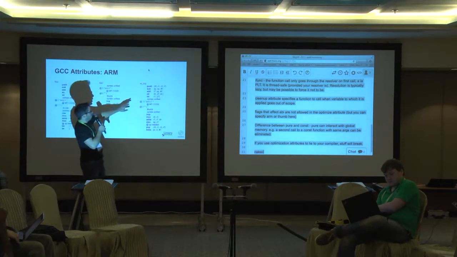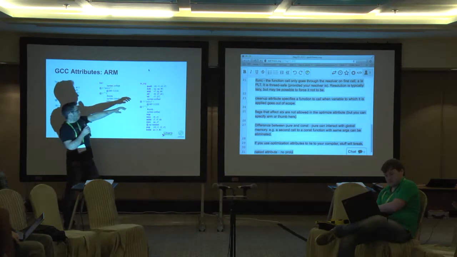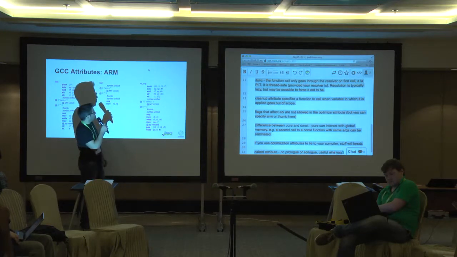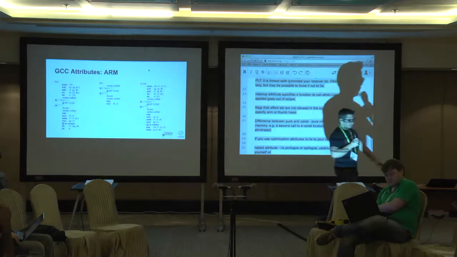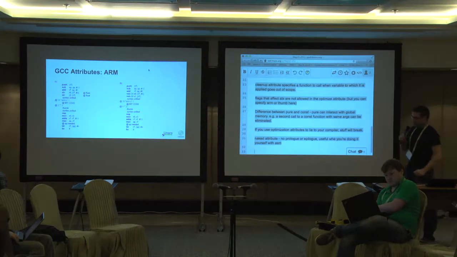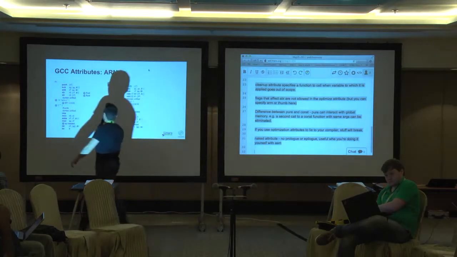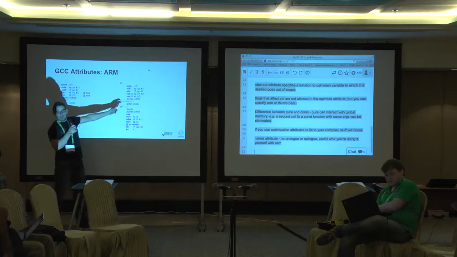For the IRQ one, it will prepare the context switch for you, push the registers, etc. Same for the epilogue. And the last two, with the different procedure call standards: the first one will use the general registers to pass the parameters, and the second one will use the VFP.